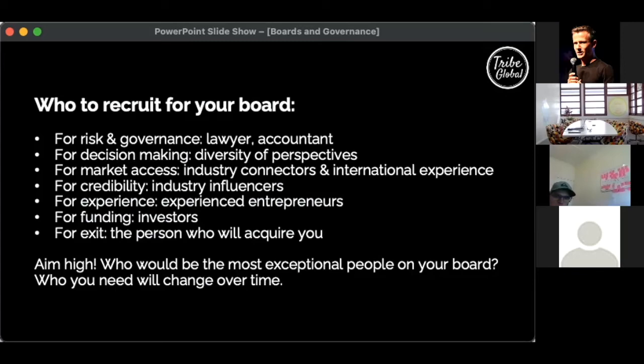The next is around decision making, and the point here is you want diversity of perspectives. While if everyone thinks the same, okay, you get a lot of speed from that. But the problem is you have so many blind spots that you'll probably be leaving a lot of potential on the table. So it's really important, like all the data shows, board diversity leads to more successful companies.